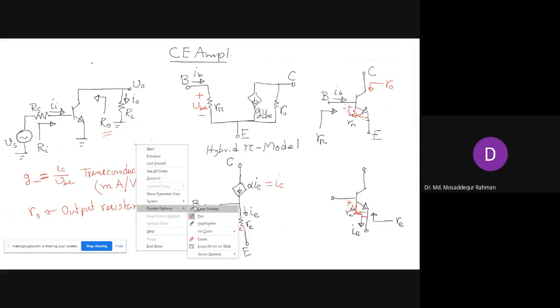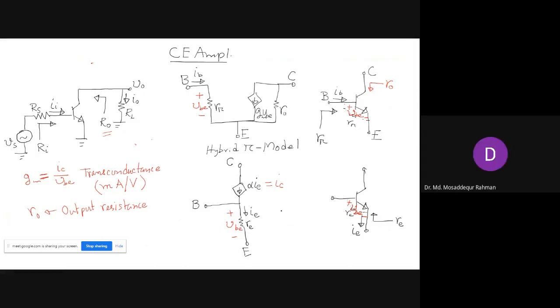So the voltage drop will be equal for both. You see that we can write VBE, from the pi model, it is IB R pi, and from the T model it is IE RE, right?